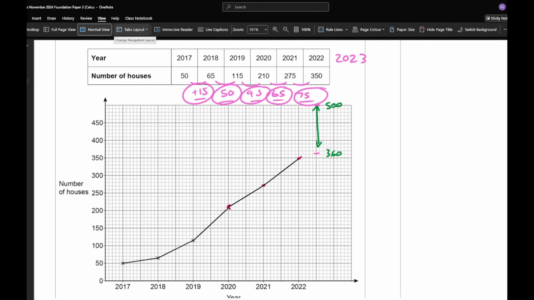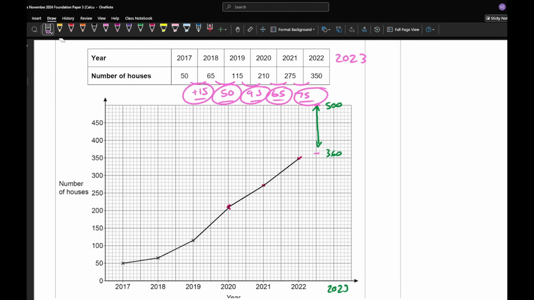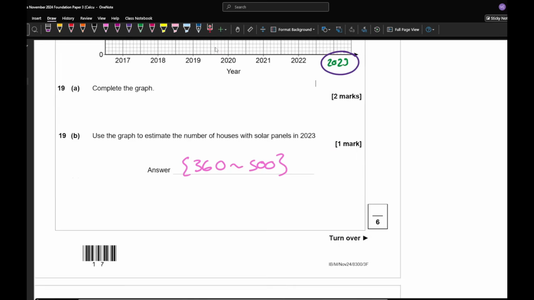Oh, and you just need to make sure that it's in 2023. So actually that should be here, not there. So let me just get rid of that. So it should be anywhere between here and here, and make sure that you've labelled 2023 in the bottom corner.